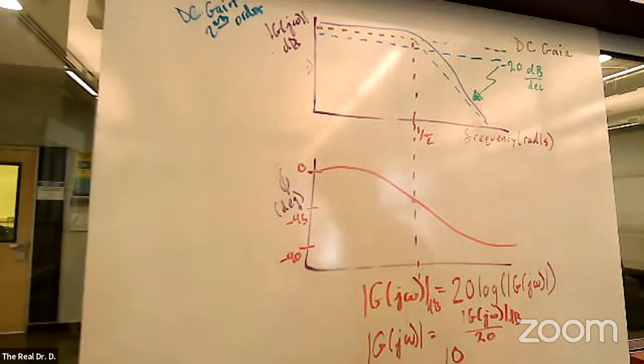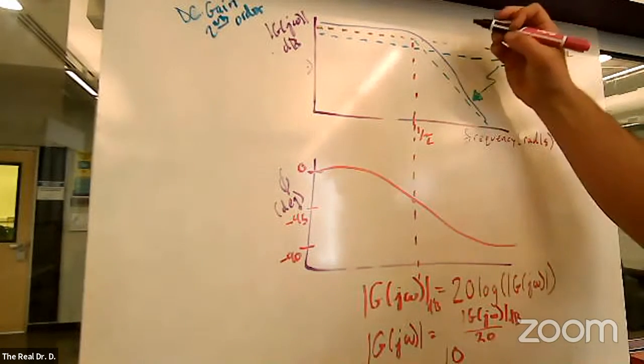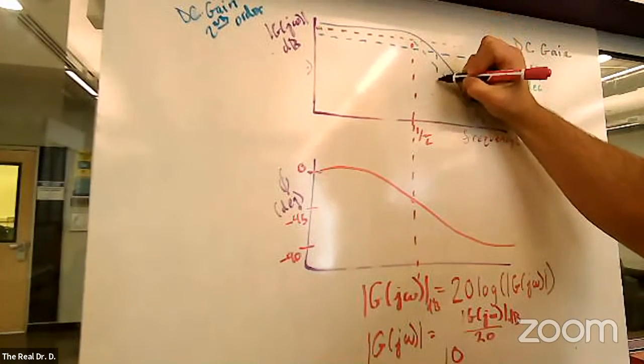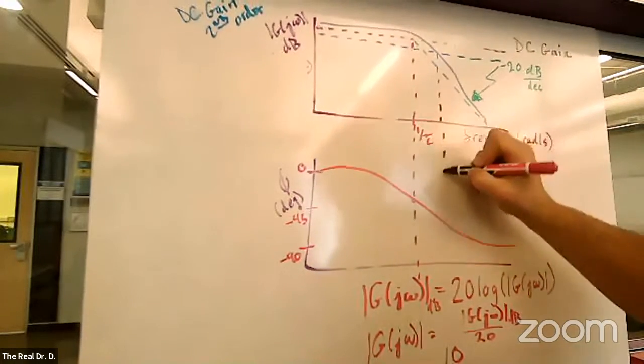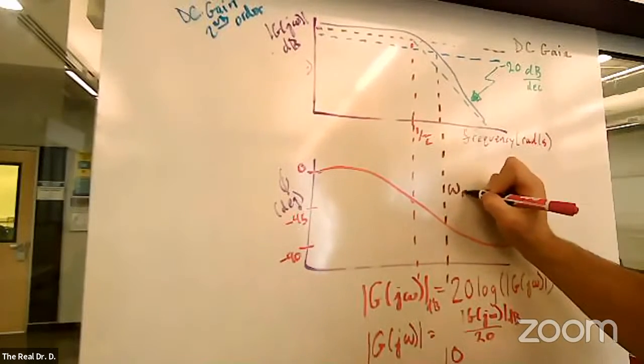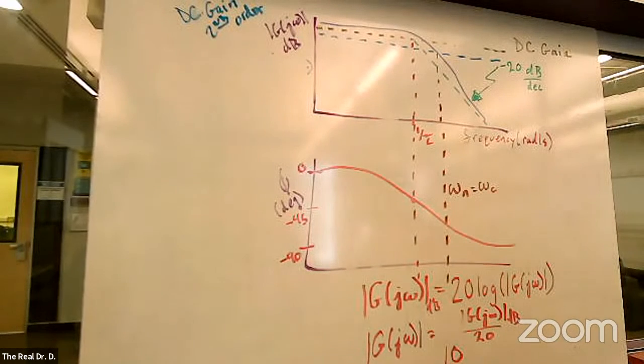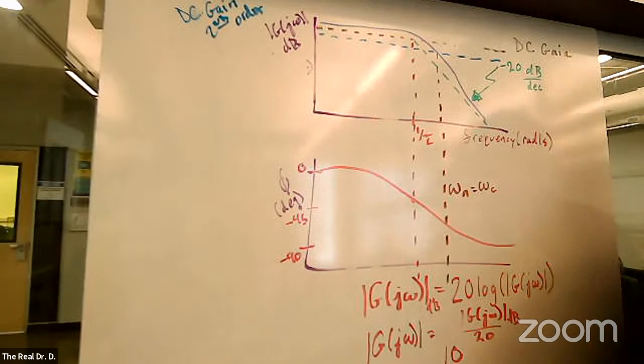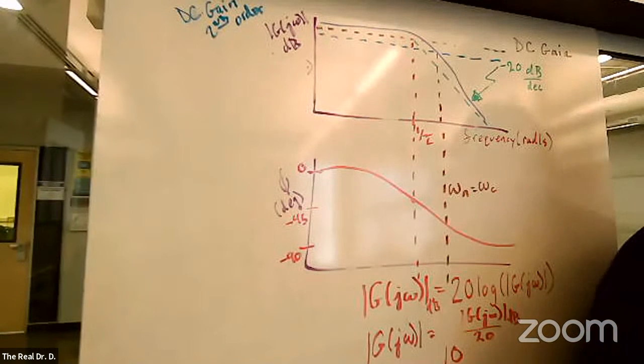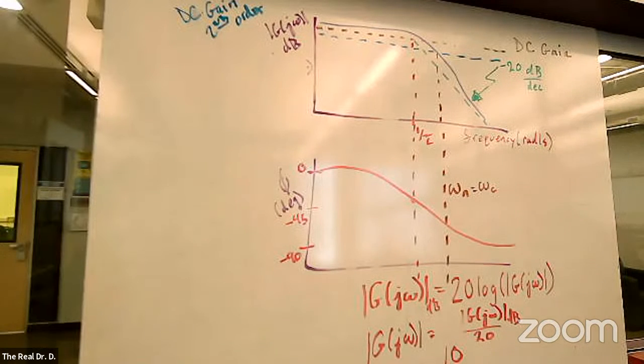For this particular one, let's assume that the natural frequency for our second order system is this brown line. Omega n equals omega c. How do we find that? Again, if you have the standard form, x double dot plus 2 zeta omega n x dot plus omega n squared, so if you have a second order characteristic equation and you divide out your mass term in a mechanical system, you would be left with the standard form.